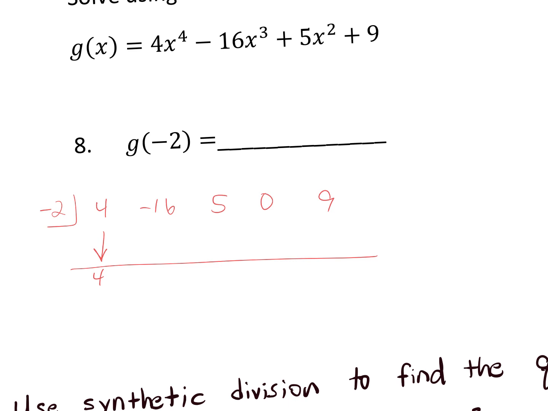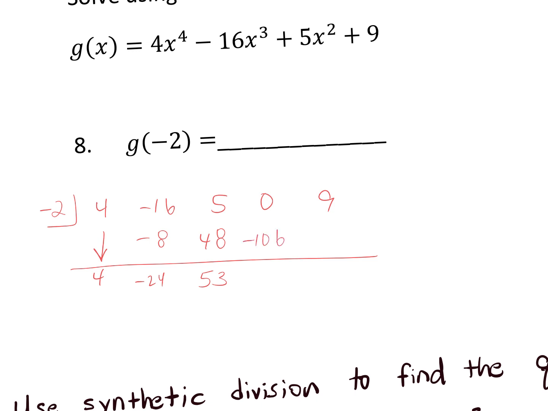So now we multiply to the corner. What's 4 times negative 2? Negative 8. Negative 16 and negative 8 is? Negative 24. Negative 24 times negative 2 is? 48. 48 and 5 is? 53. Okay, 53 times negative 2. Negative 106, good.